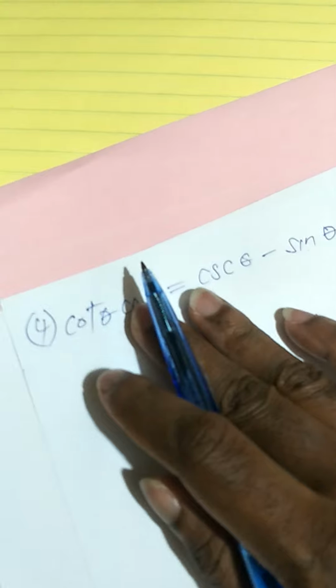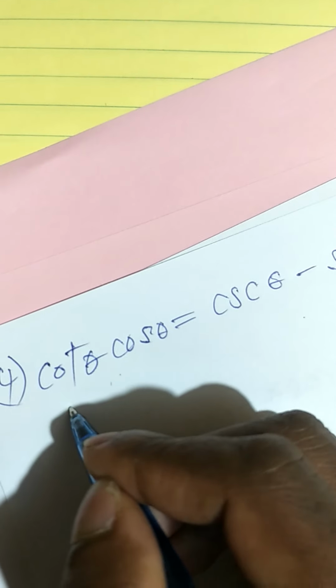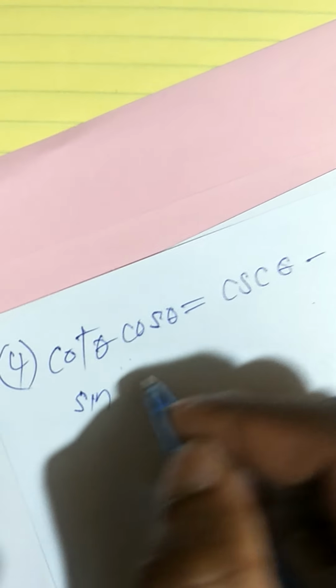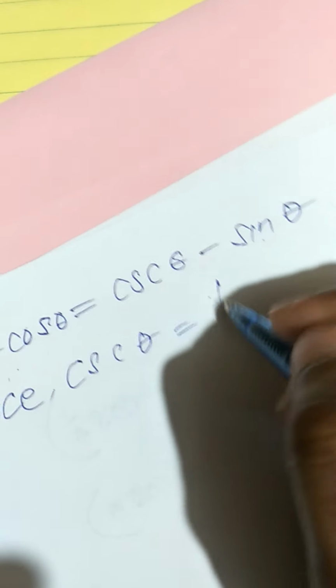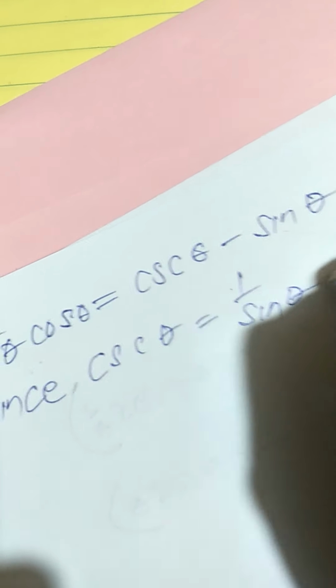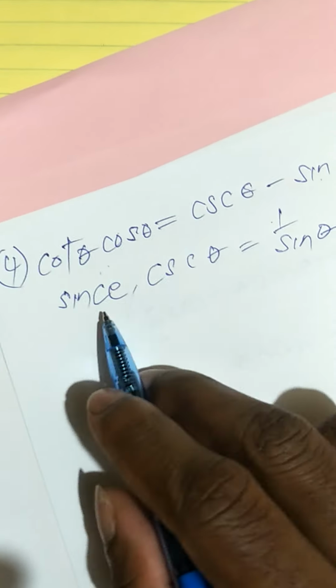Okay, let me write. Since our cosecant theta is equals to 1 all over sine theta. Where did I get this? This is in reciprocal identities.